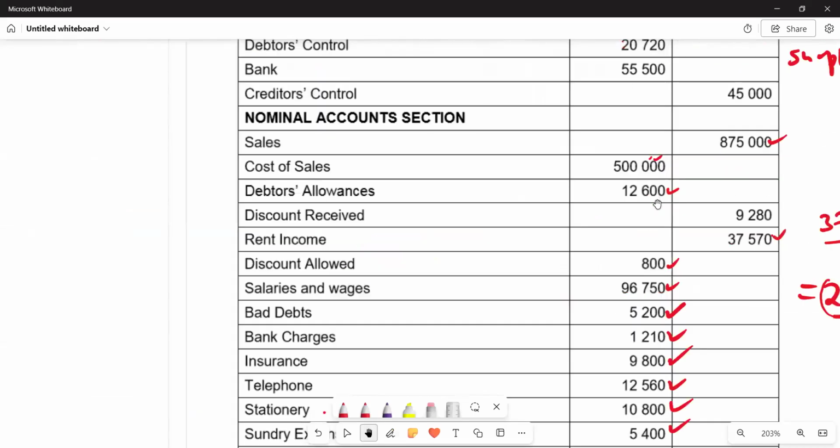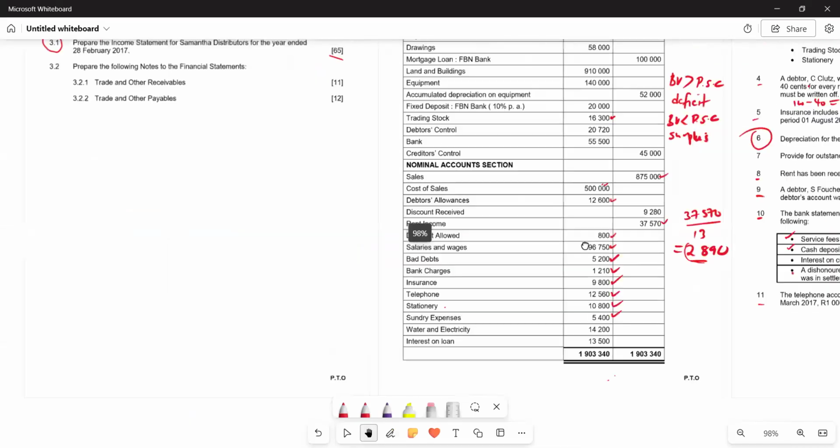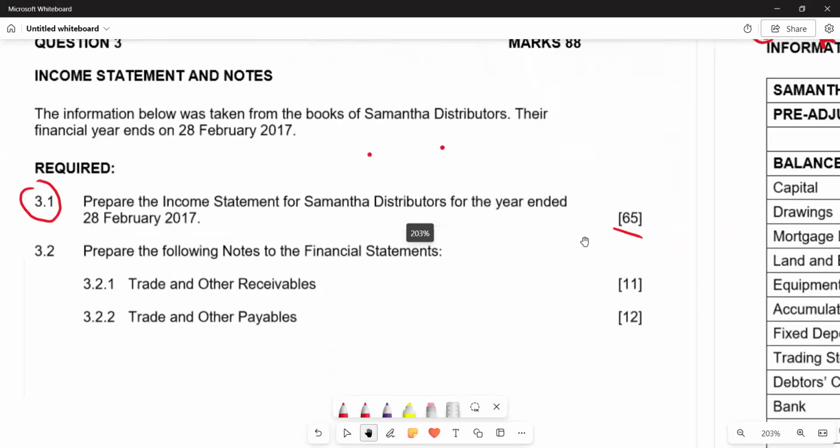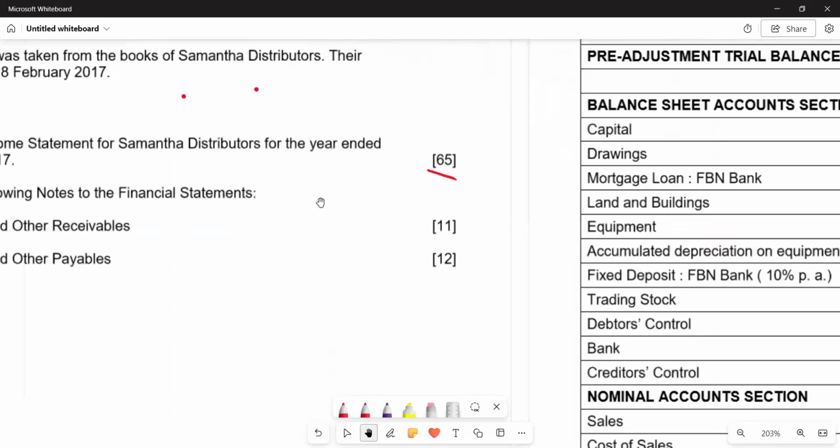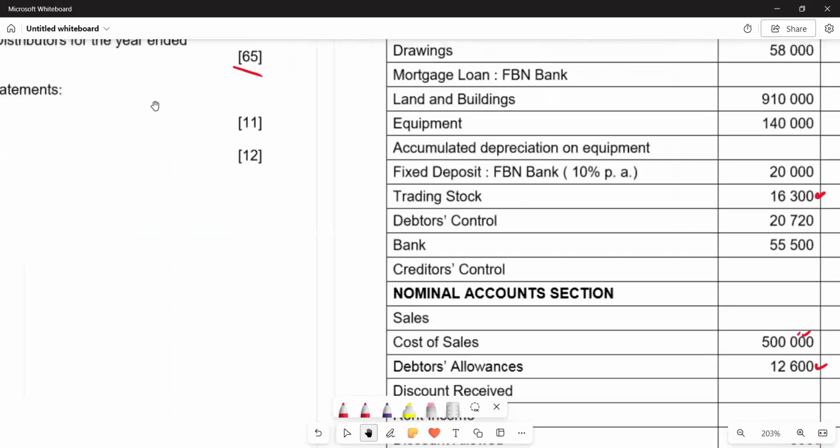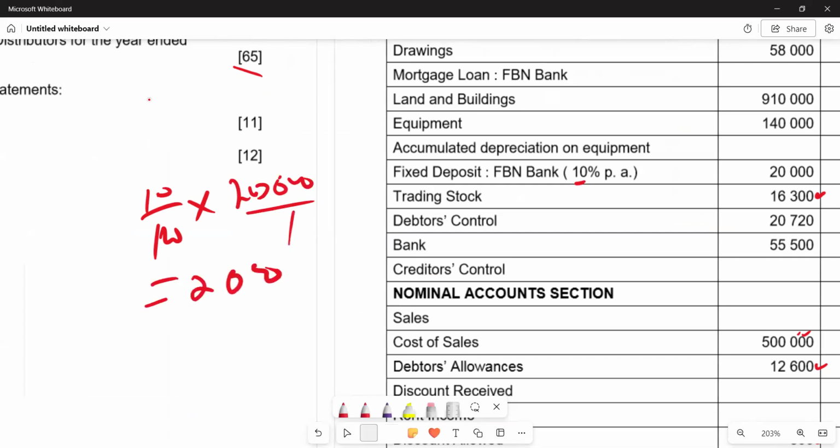So we are saying interest on fixed deposit, 10%, which is 10 over 100, and then we multiply by 20,000 over 1, and then you are going to get your 2,000. And then we add the 150 of interest on current account that we have in the additional information that was omitted.